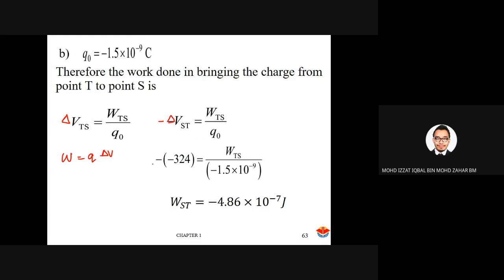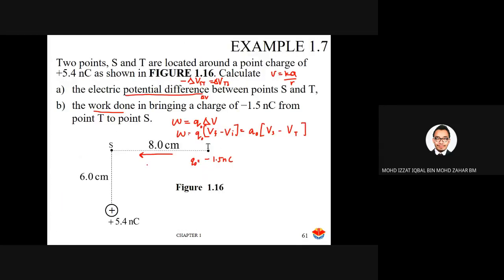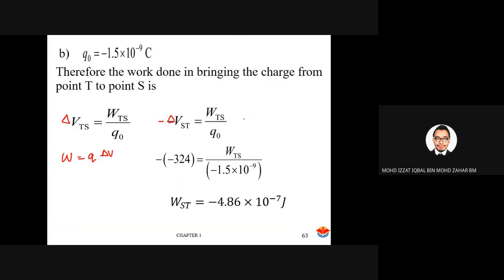So might as well masa yang kat A tu kamu buat jadi S minus T untuk A, so that kamu boleh pakai nilai tu straight away untuk kira yang B. And then remember, Q naught tadi ada negatif. So negatif, masukkan je negatif tu, kamu dapat nilai ni. So you can always recall, nanti tengok balik calculation ni betul ke tak. And then you will see that work done is negative.